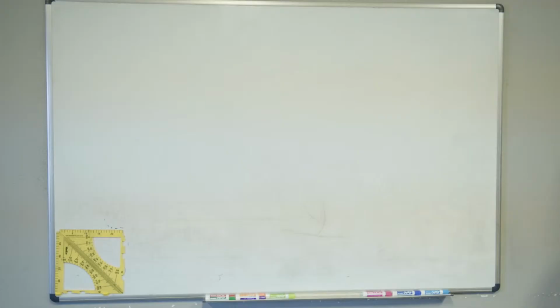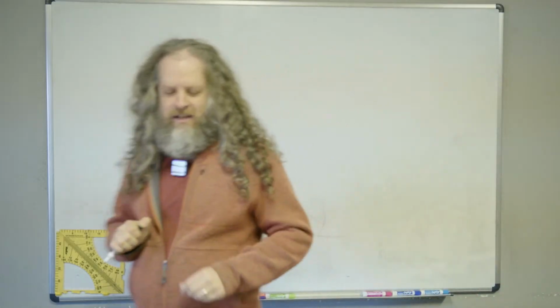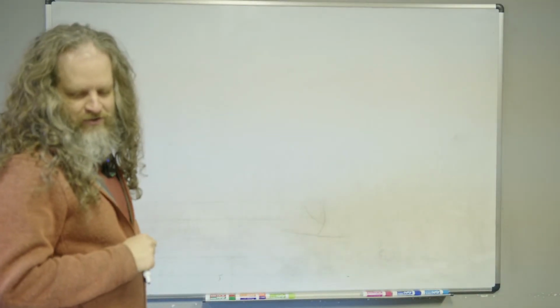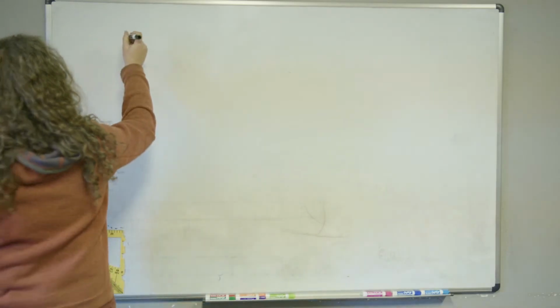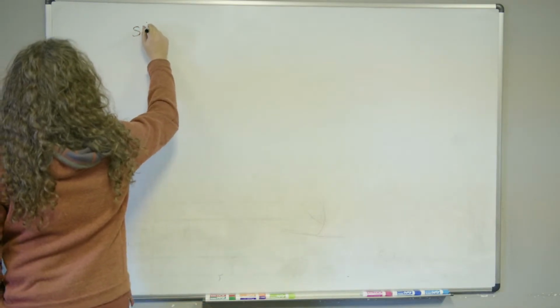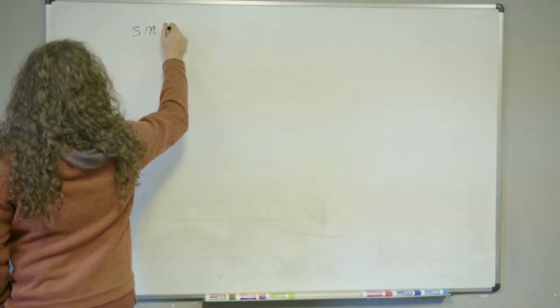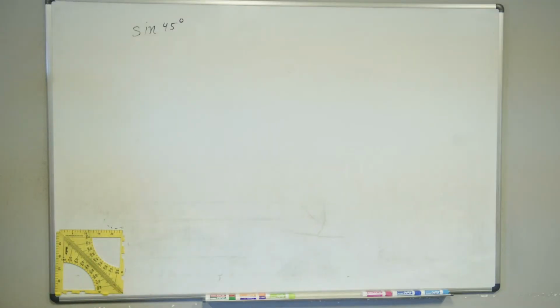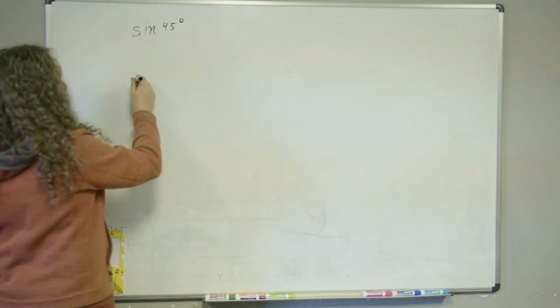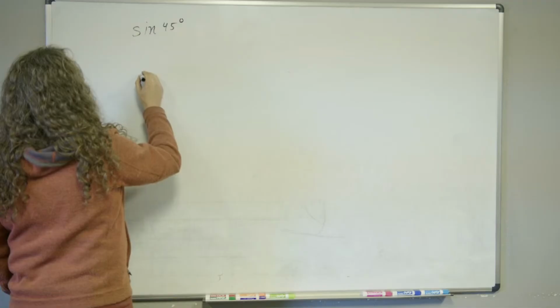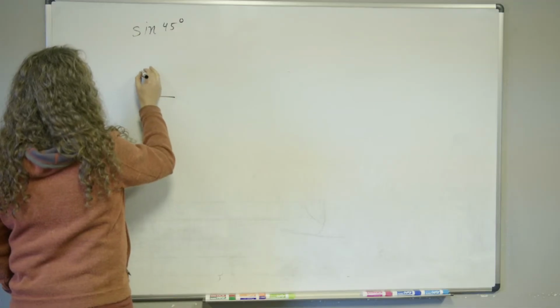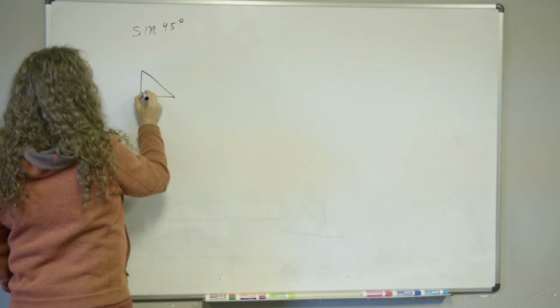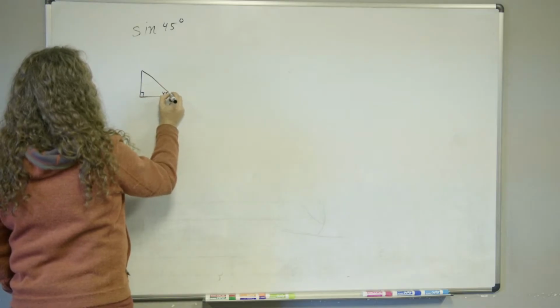All right, we're supposed to find the sine of 45 degrees using special right triangles. Okay, so if we're doing sine of 45 degrees, which special right triangle are we using? 45, 45, 90. True enough. I have the 45 degrees.